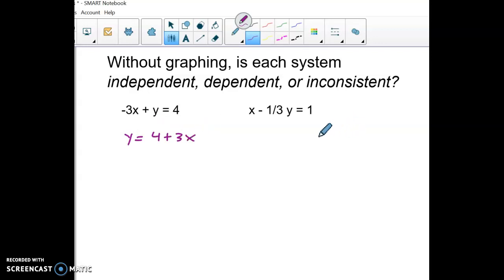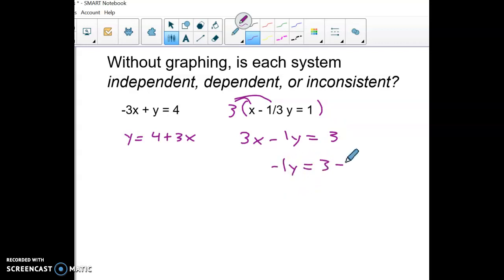Okay, and then on the second one, I'm going to get rid of this fraction, right? So I think we talked about this in the previous chapter. This is 1 divided by 3. So if we times by 3, it'll wipe out that divide 3. Everything times 3. So we have 3x, and then we'd have minus 1y, and then we have 3 on this side. Now it's looking a little more manageable.